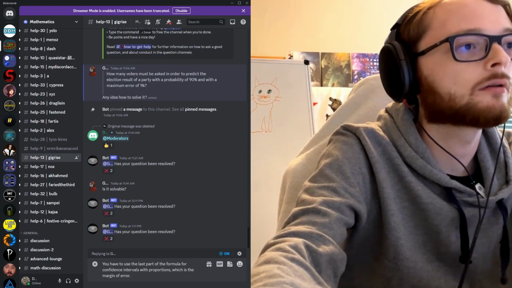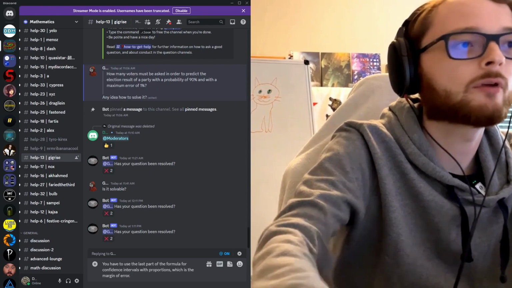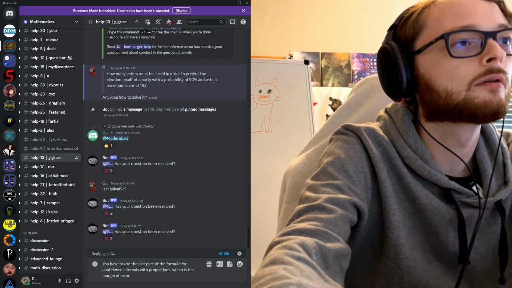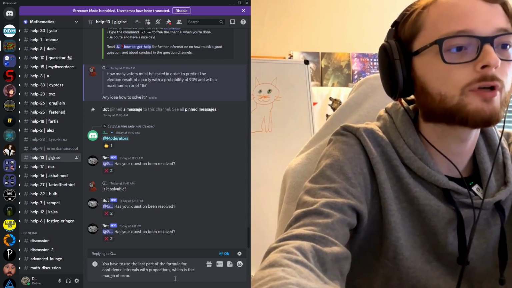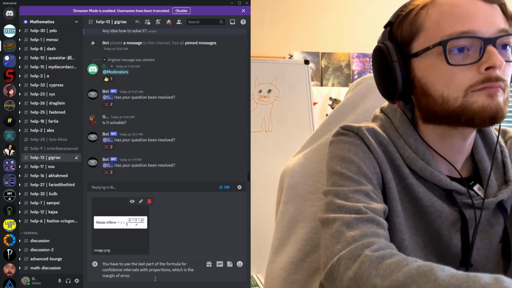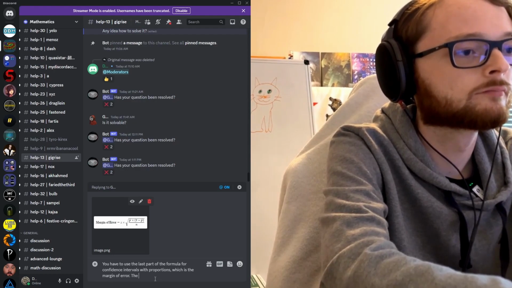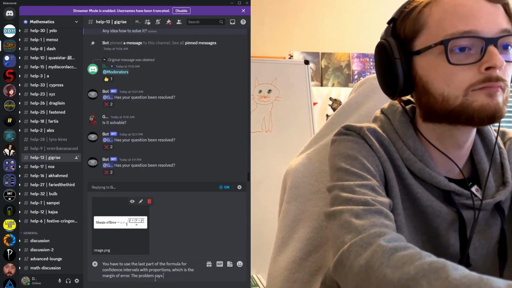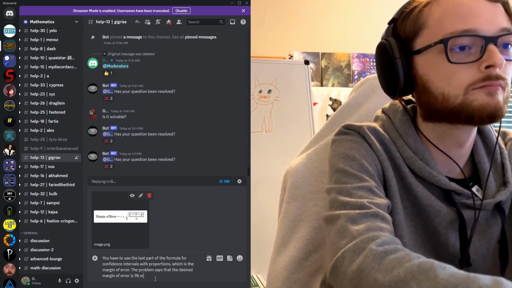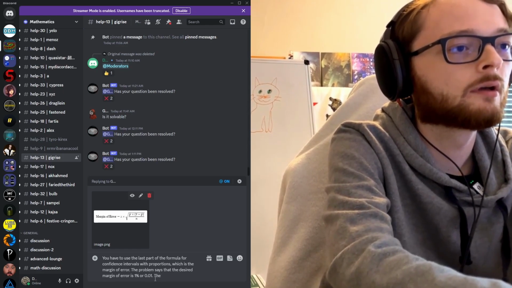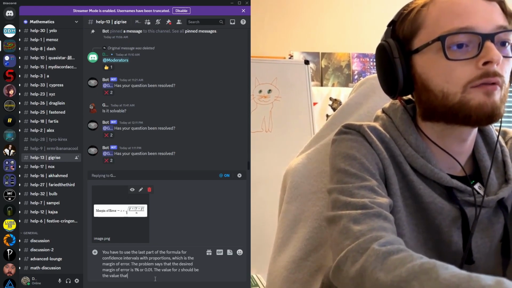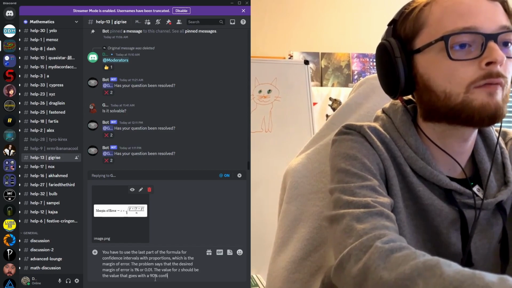I'm gonna take a screenshot quick. So I was about to write this out in LaTeX, but I'll just use a screenshot for the margin of error, 0.01. The value for z should be the value that goes with a 90% confidence interval.